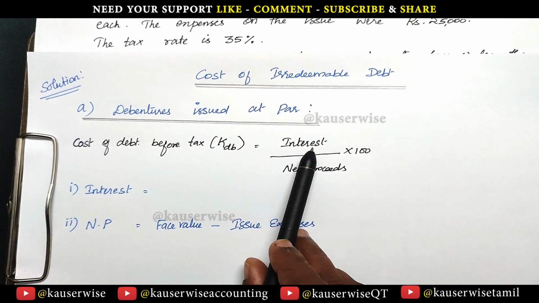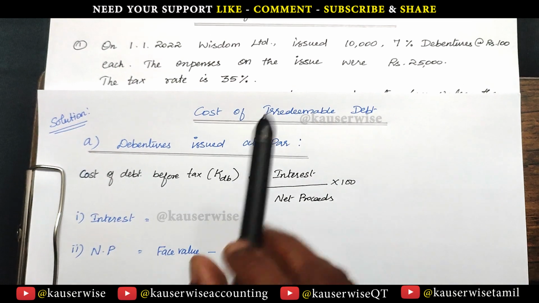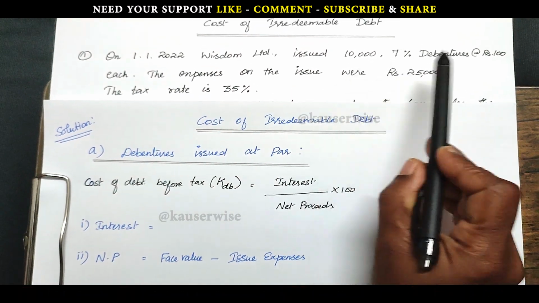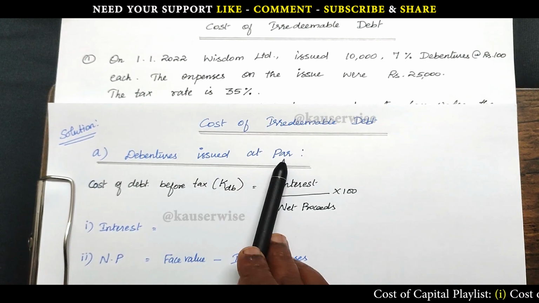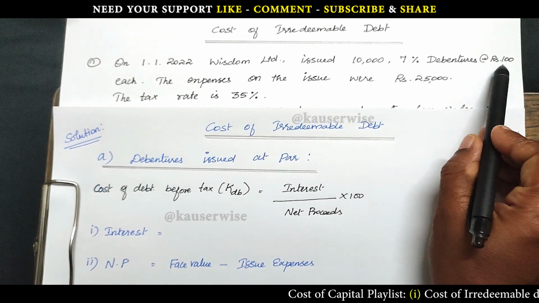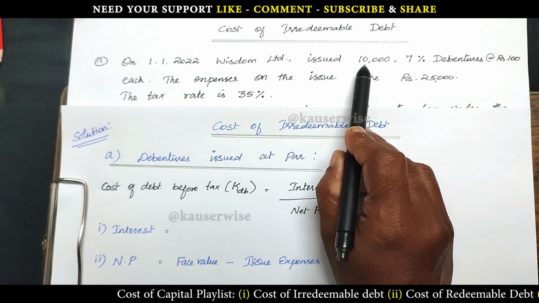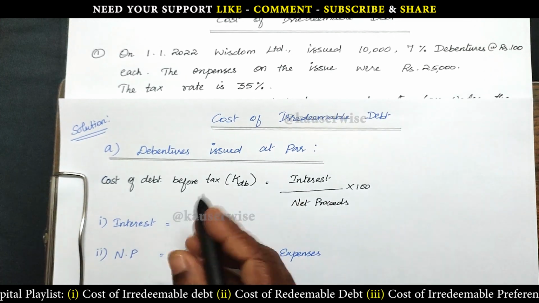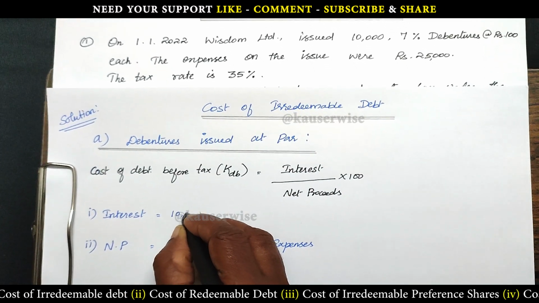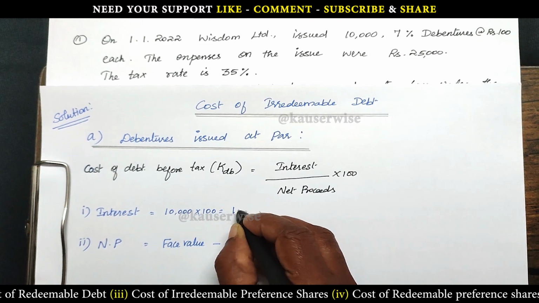The first component is interest. How to calculate interest? Number of debentures into issue price. This one is debentures issued at par, which means same as face value. How many debentures? 10,000 debentures. Each debenture costs 100 rupees. So 10,000 into 100 is equal to 10 lakhs.